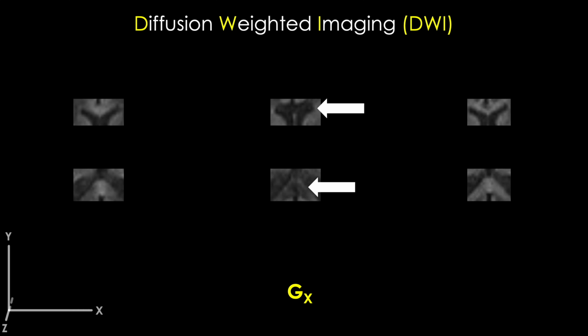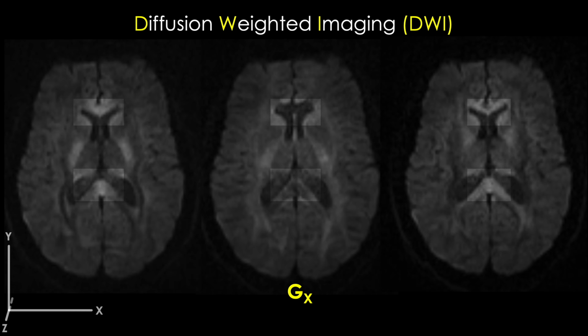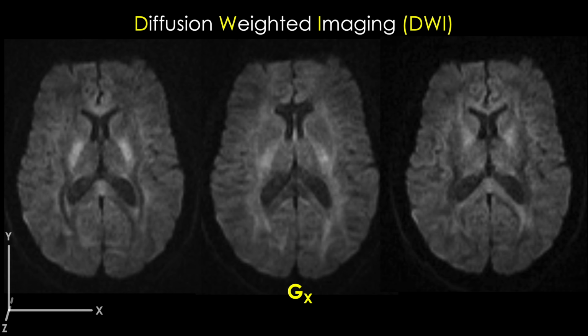See how we have substantial signal dropout in these areas in the direction of the x-axis on the middle images. It's so pronounced on the top image, it almost looks like there's nothing there at all. Now that we know what to look for, which picture was created by applying our diffusion gradient across the y-axis? Is there a picture here which looks like it's losing signal along the y direction?